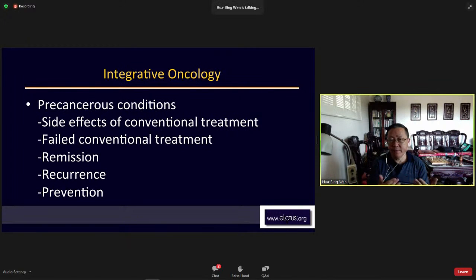Integrative oncology covers all the conditions we're talking about: precancerous conditions, such as people who have HPV, chronic infection, or precancerous changes like skin cancer, precancerous types, and other nodules. That is one group, along with the side effects of conventional treatment, which we'll talk more about today.